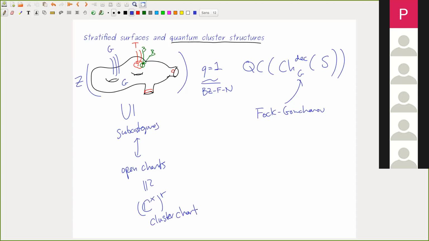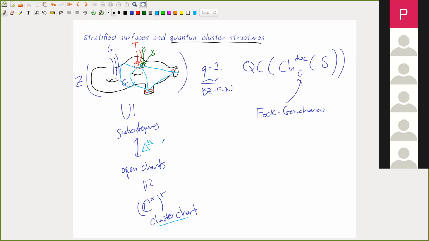And they give us a prescription. These open charts come not canonically from the surface, but we have to choose a triangulation. So given a picture like this, we have to triangulate it in some way. Each such triangulation determines an open chart, and that open chart is C star to some rank R, and that's what they call a cluster chart.